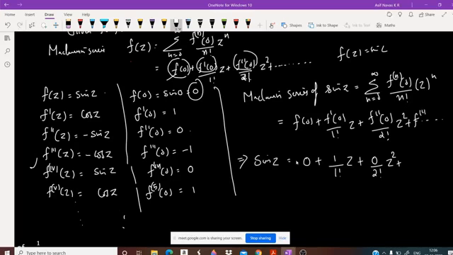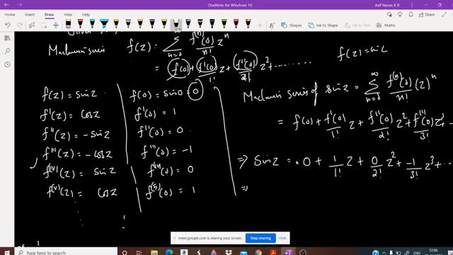Next we have f triple dash of 0 by 3 factorial z cube plus etc. So this is minus 1 by 3 factorial z cube plus etc.